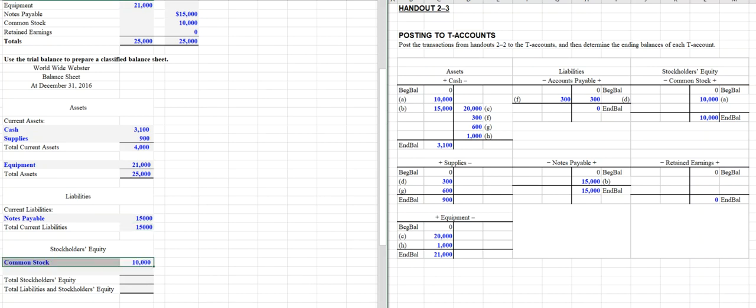We've got common stock of $10,000, and we had 0 for retained earnings, giving us total stockholders' equity of $10,000. $10,000 in equity and $15,000 in current liabilities means our total liabilities and stockholders' equity is $25,000. And our balance sheet balances, our total assets equal our total liabilities plus stockholders' equity.